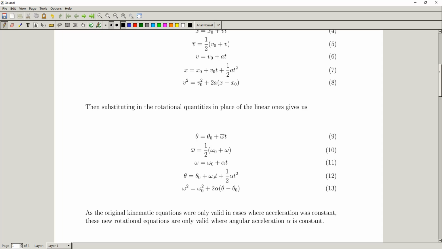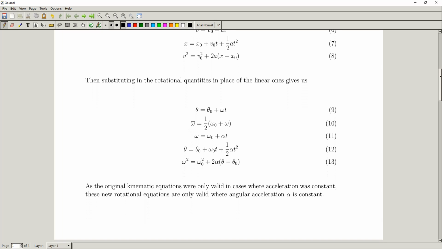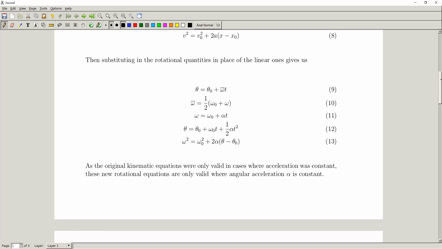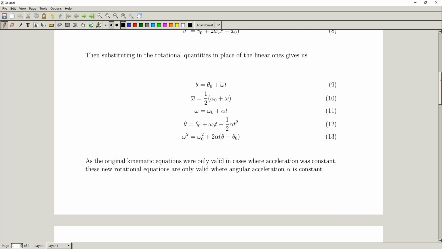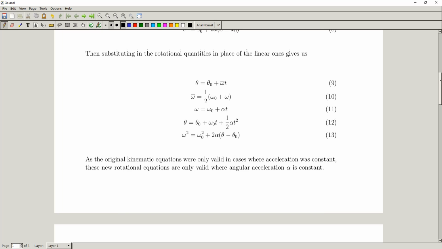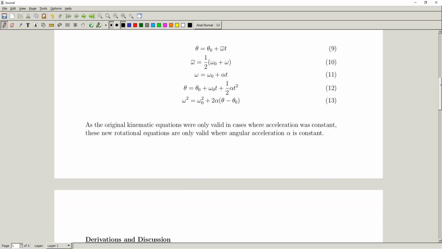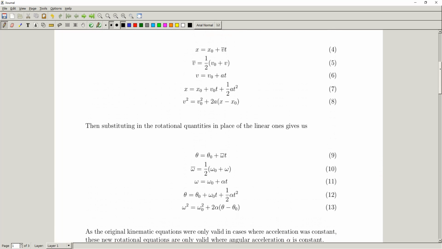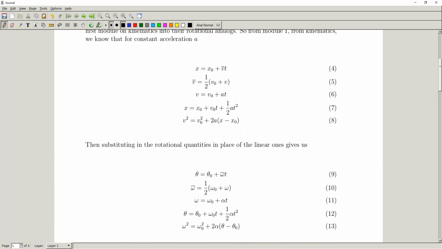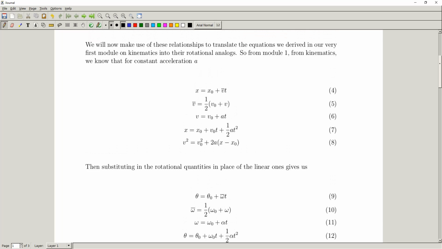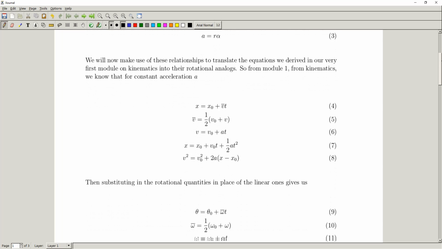So really, this chapter introduces a couple of new ideas, but also basically just doubles everything that we can do, because instead of just being able to do it linearly, now we can do it rotationally as well. Okay, and so let's start off. I'm just going to straight up derive each of these formulas from our original one. So I'm going to start off by writing down all of our equations here.